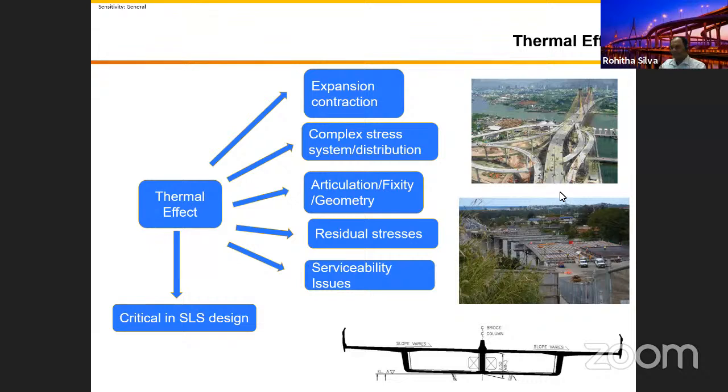What is thermal contraction and expansion going to do to this bridge, because this bridge has an expansion joint at the two ends? Complex geometry produces a very complex kind of stress and load system.